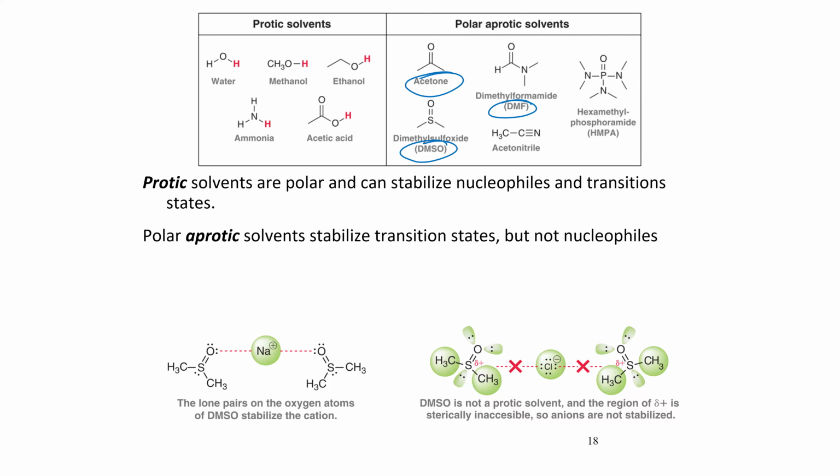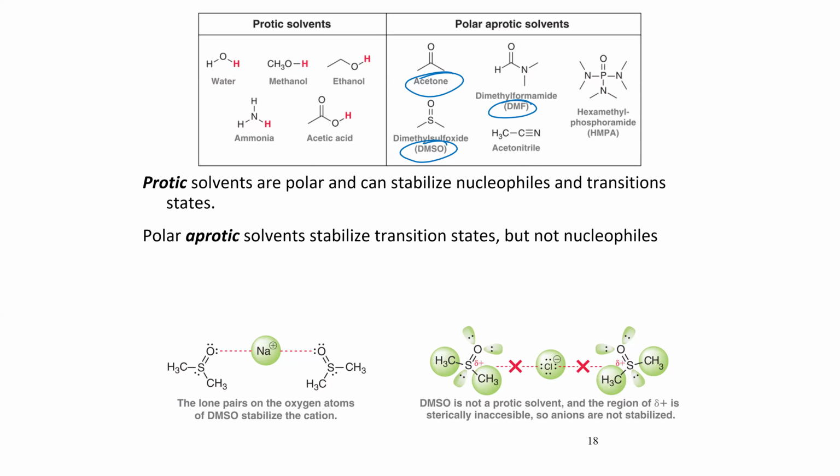All right, so the polar aprotic solvents can stabilize, especially positive charges, better than they stabilize the negative charges. And because they're aprotic, that means that you don't wind up with side reactions happening. So it's mainly the ones with the double bond to oxygen.